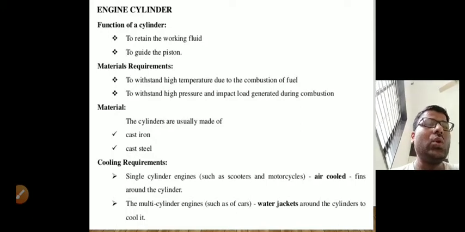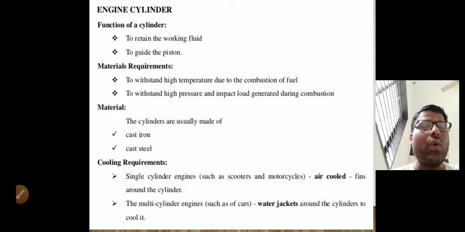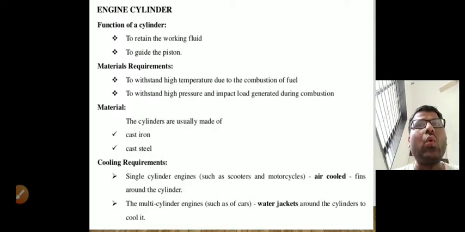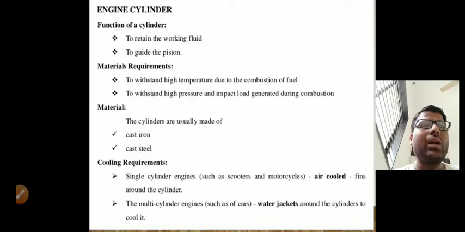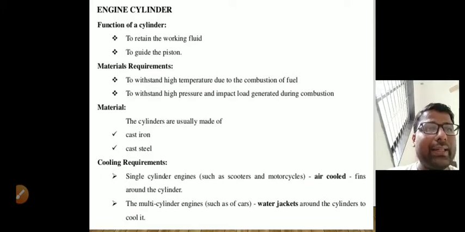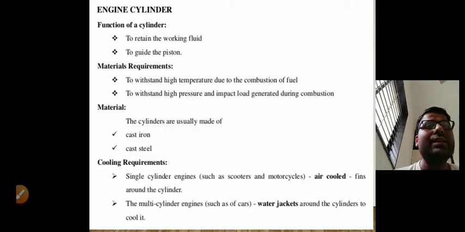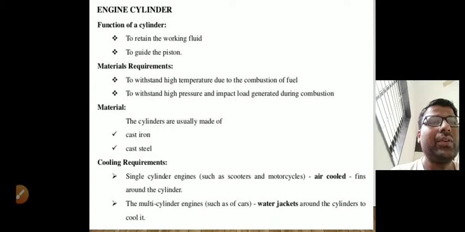And the generalized law is what? Whenever a liquid is converted into gas, it requires more space, right? But the volume of the cylinder is constant. So what happened? The flue gases impact the piston surfaces with high pressure, right?